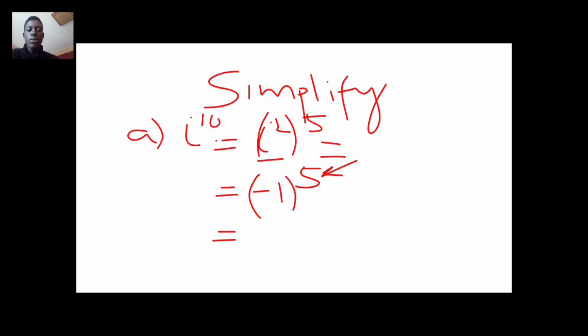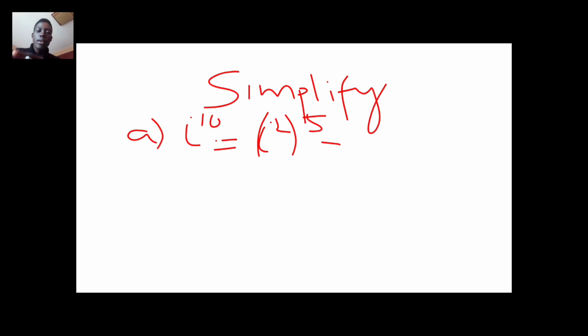So this is going to give you negative 1. You will have negative 1 as your answer. That is how you can simplify it. Your aim is to first simplify i.